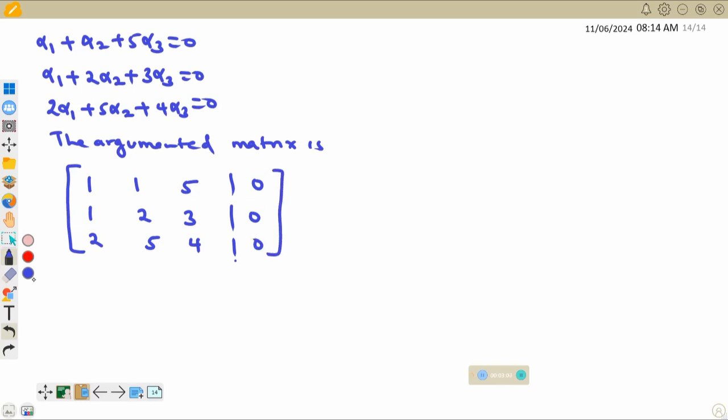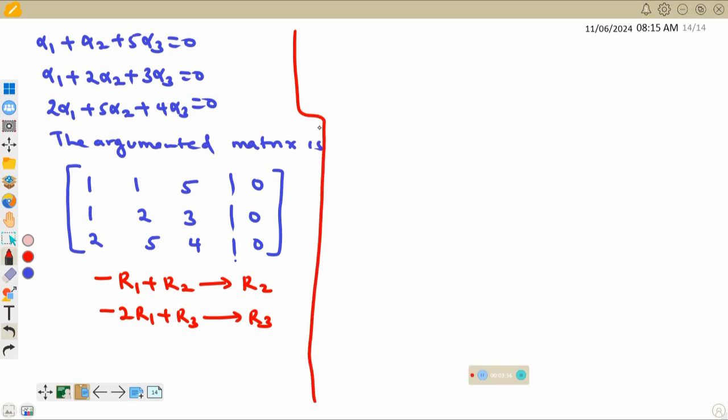So let us use row operations and try to make what we call an echelon form. So we can do negative row 1 plus row 2 to give us row 2. And also we can put another operation which is negative 2 times row 1 plus row 3 to give us row 3. If we do that, we shall be able to obtain the matrix.